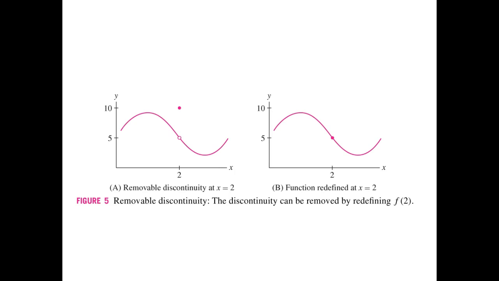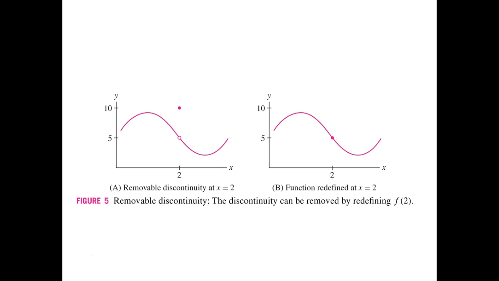Because all it took was redefining one point, or a finite number of points, we call this a removable discontinuity. It is discontinuous, but by making one change, it can be removed. That's a removable discontinuity. You change that value from 10 to 5, and that is a continuous function.